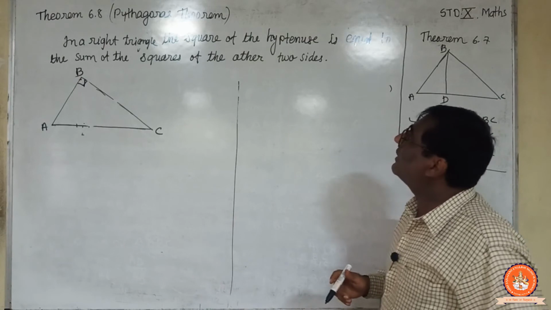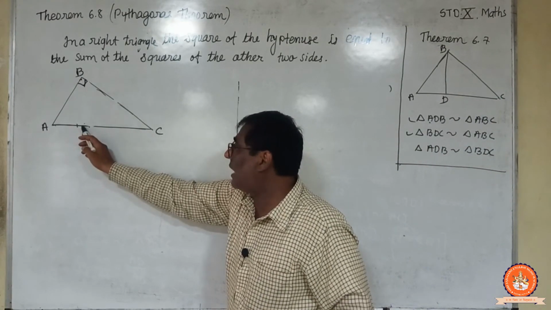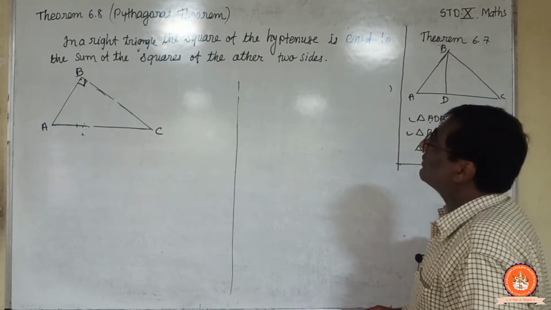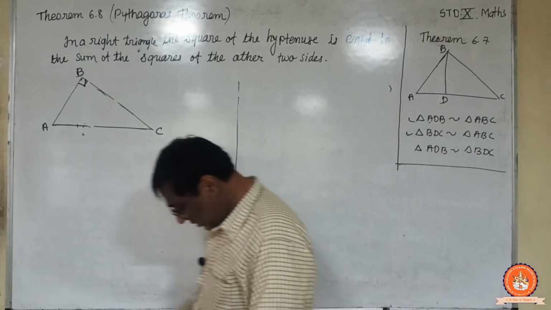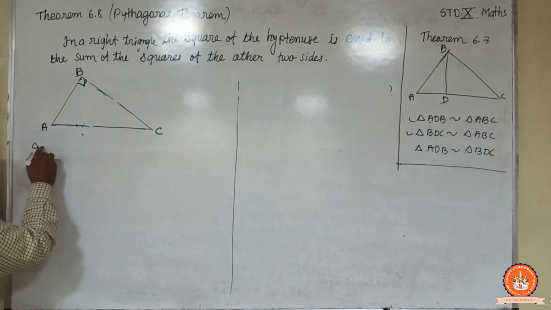So in a right triangle, this is the right angle, the square of the hypotenuse is equal to the sum of the squares of the other two sides. Okay. Now, my friends, what is given here?